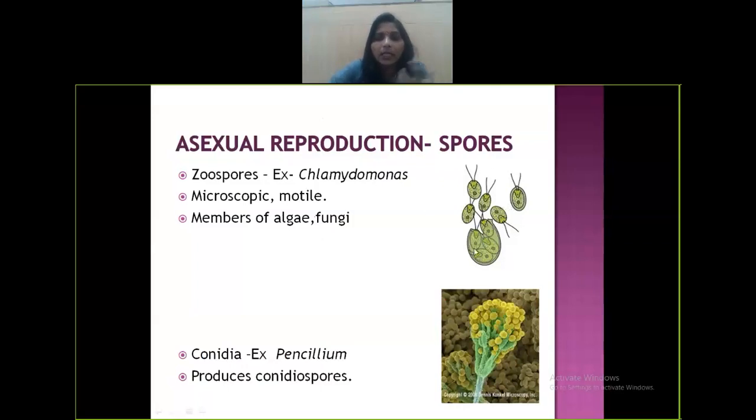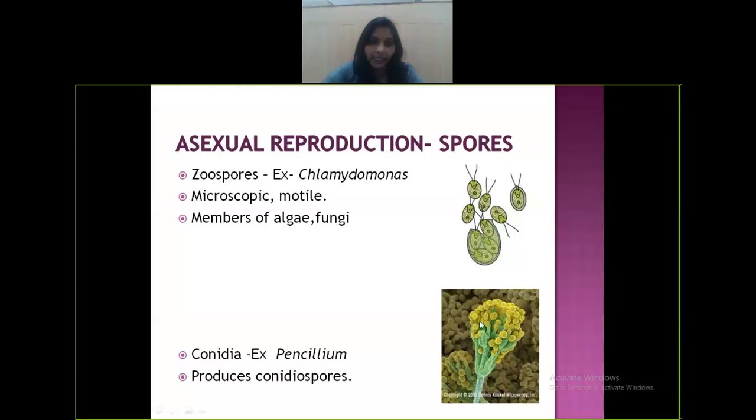Similarly, here the asexual method of reproduction is by spores. When the spores are motile, we call them zoospores. Then there are non-motile spores, conidia. Conidia are seen in Penicillium. There's a picture of Penicillium, a fungus, and you can see the conidiospores.